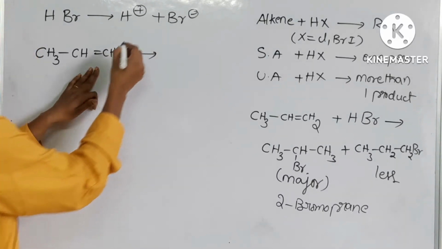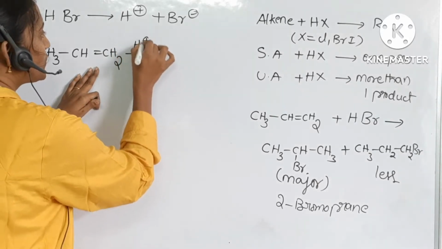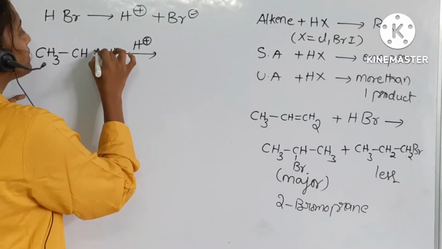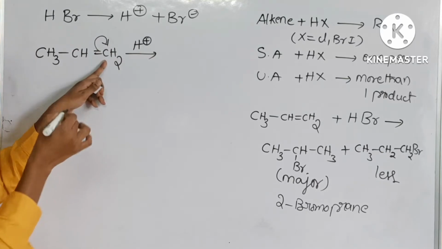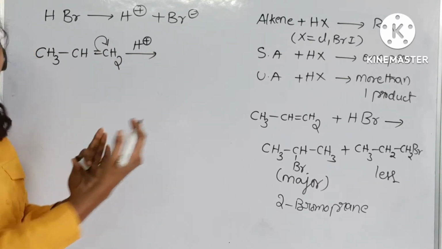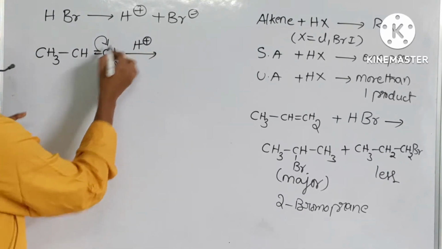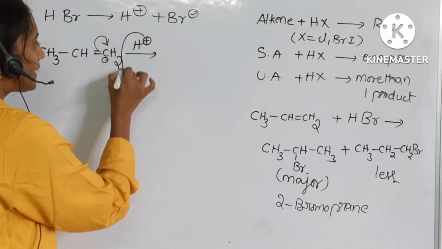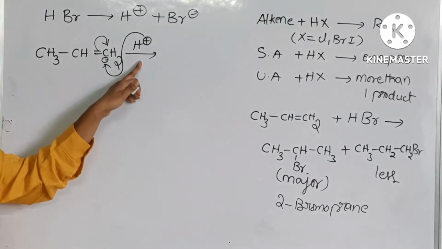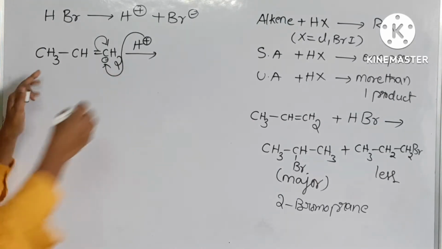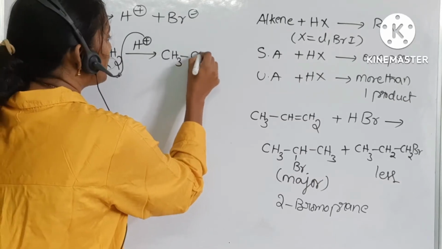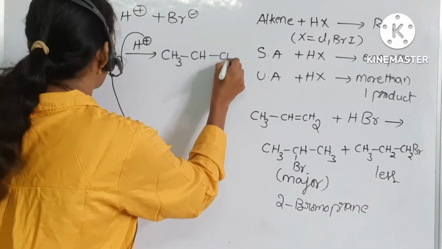First of all, this H plus attacks this double bond, so that the double bond shifts towards the terminal carbon. So this carbon gets negative. This negative charge attracts the positively charged electrophile. Then they will give you a stable carbocation.